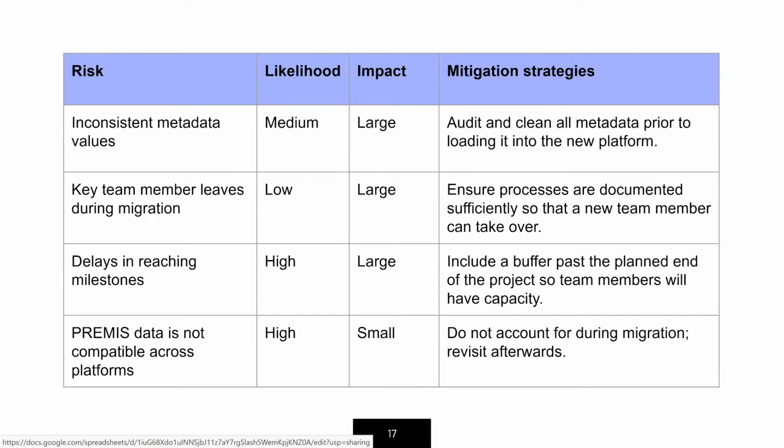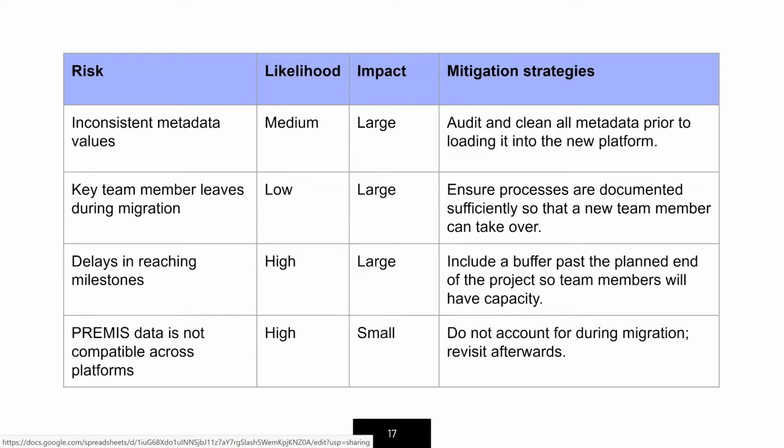I include the last one because I came up with this because it has an impact of small, I think, in SFU's case. SFU relies on Islandora for its digital preservation program, and the premise is we want to be able to say in that program that we generate PREMIS metadata.